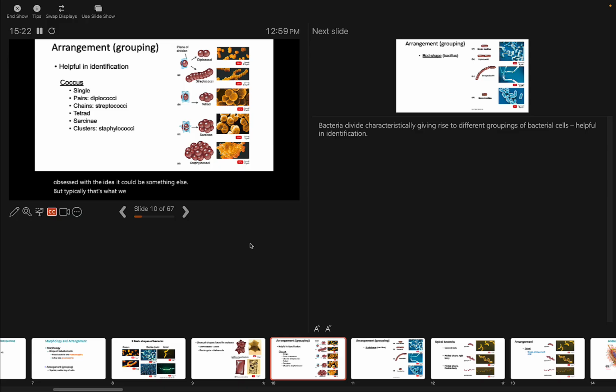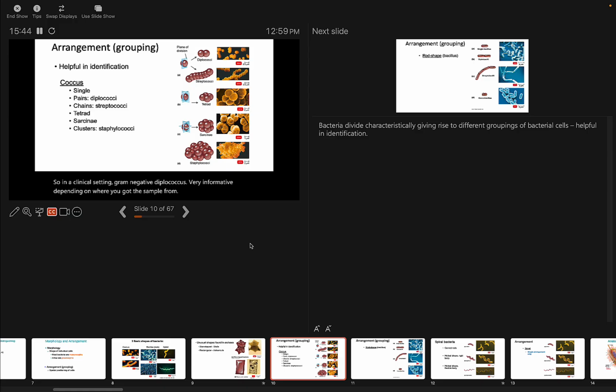So you can have single organisms, single coccus, diplococcus. This one is actually a pretty reliable indicator when they grow in those pairs. So in a clinical setting, gram-negative diplococcus, very informative, depending on where you got the sample from.